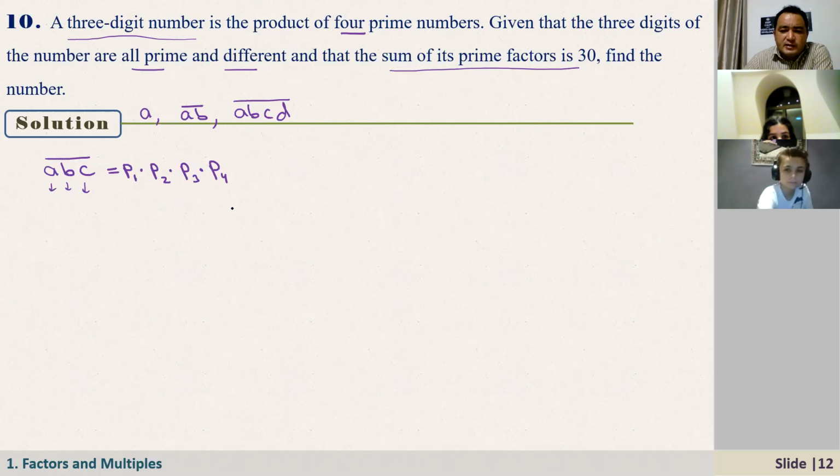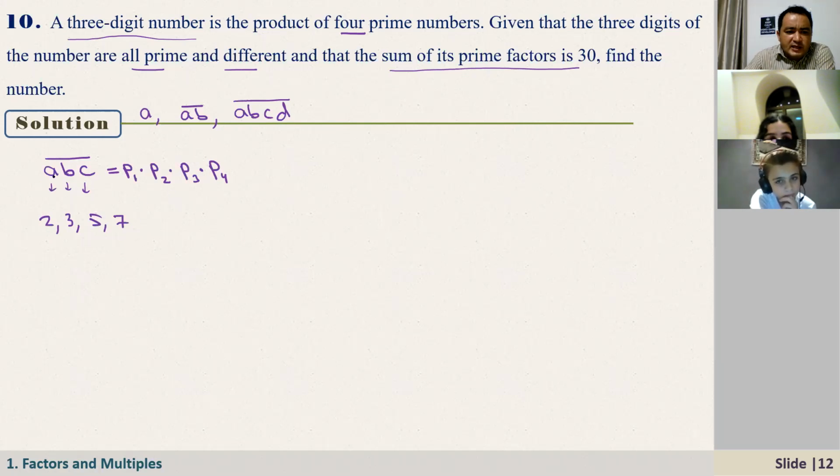Okay, so let's solve this. Now, second question for you. What can you say about this ABC? Given that the three digits of the number are all prime, can you give me some possibility? How many prime numbers do we have that are less than 10? Maybe it is 2, right? Maybe it's 3 or 5 or 7. Do we have any prime number less than 9 besides these?